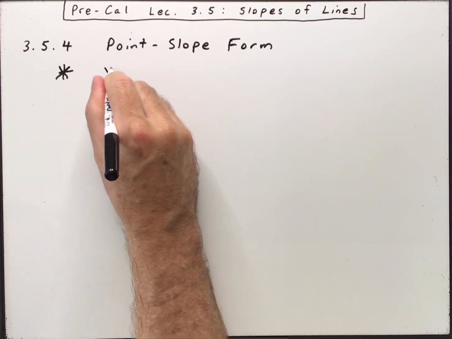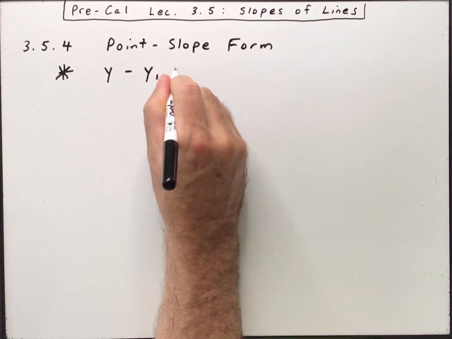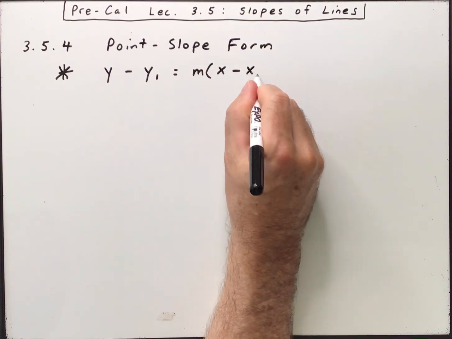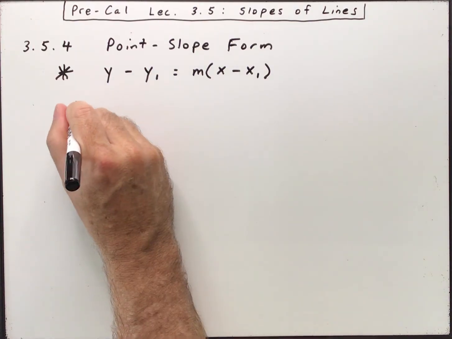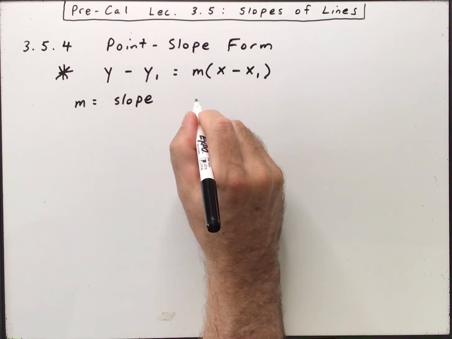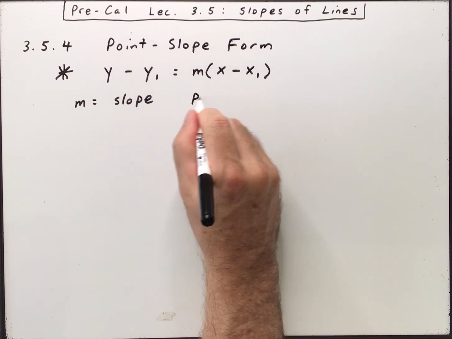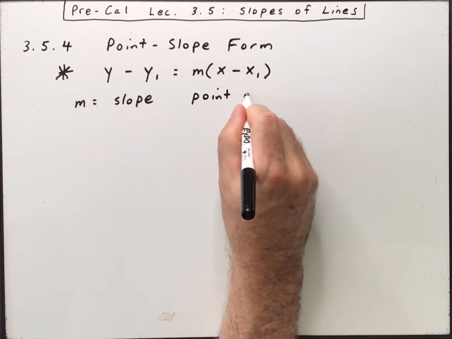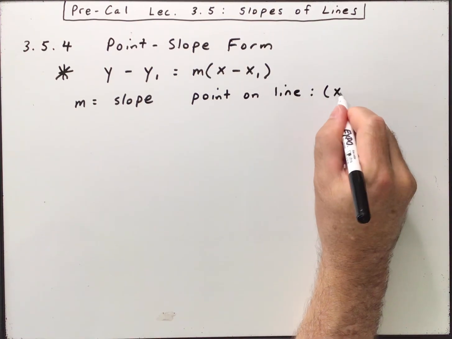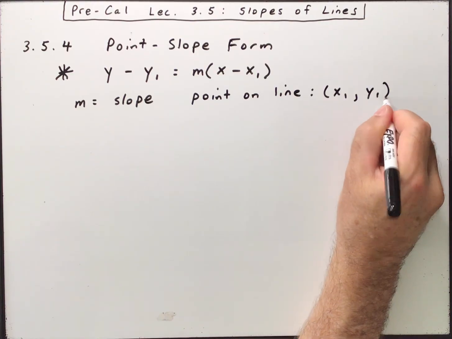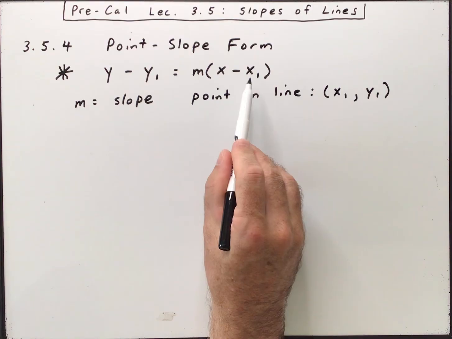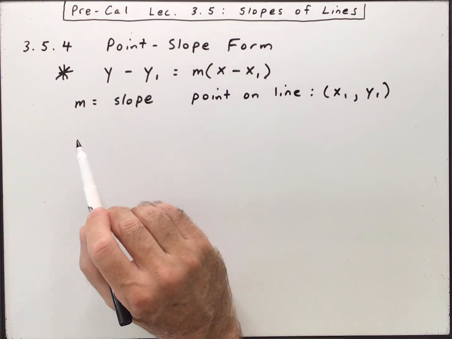It's y minus y1 is equal to the slope times x minus x1, where m is equal to the slope and a point on the line is x1, y1. So you can get that. You can also convert that to slope-intercept form pretty easily just by solving for y.